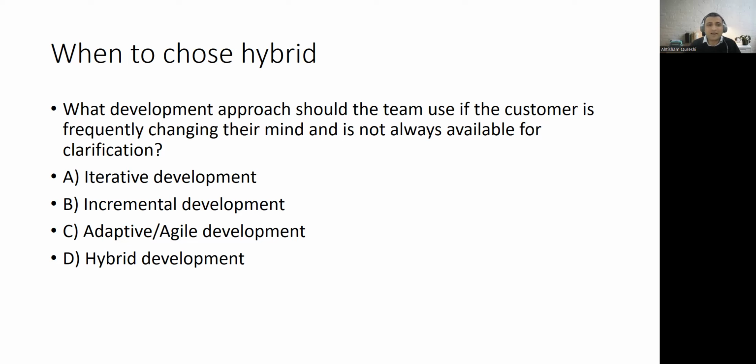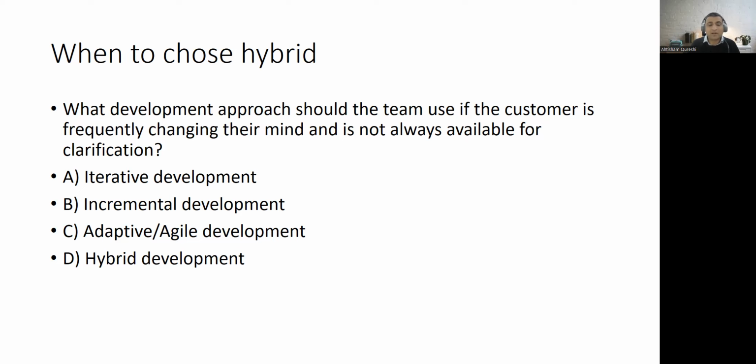Okay. So the question is, what development approach should the team use if the customer is frequently changing their mind and is not always available for clarification? So for a frequently changing mind, we cannot limit a customer not to change his mind, market, demands, or conditions. It's okay, you can frequently change your mind.